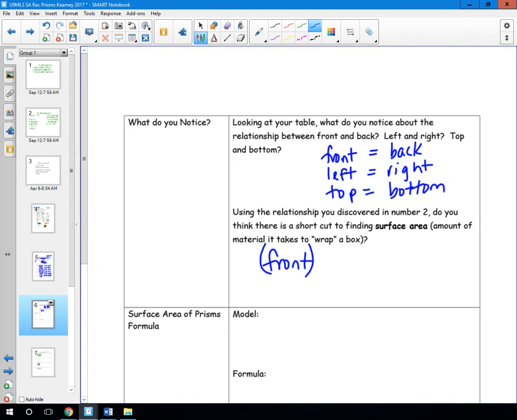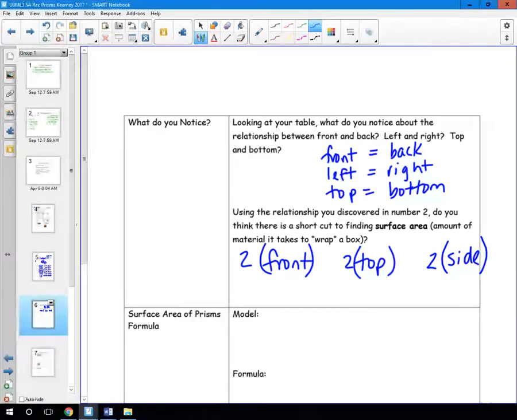I can multiply times 2. And if I know the top is the same as the bottom, I can take that and multiply times 2. And if I know the side is the same as the other side, I can take that and multiply times 2.